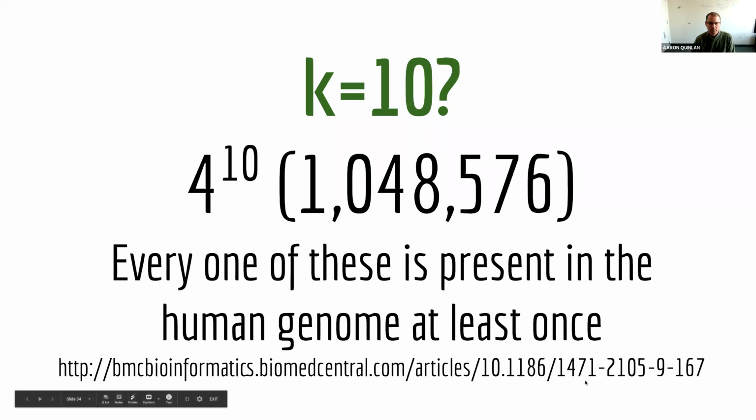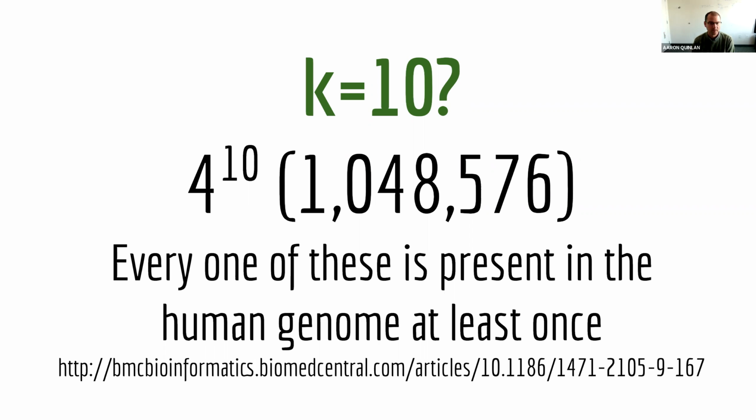That was far less than an index for k equal 31. The paper I'm referring to below, you don't have to read, but if you're interested in the k-mer composition of human genomes, there's a lot of literature on this. If k equals 10, that means there's 4 to the 10th possibilities, which is 1 million and change: 1,048,576 10-mers, the theoretically possible k-mers for k equal 10.